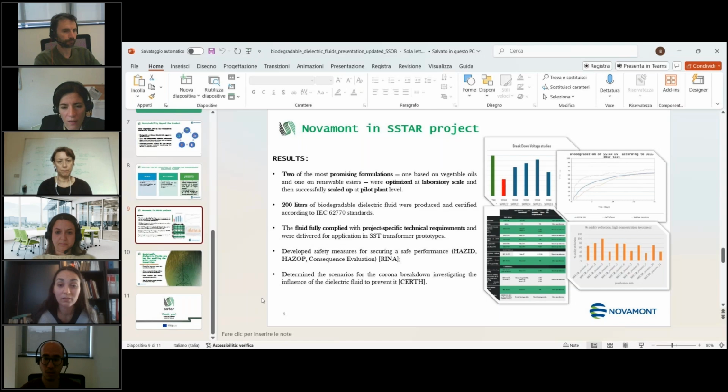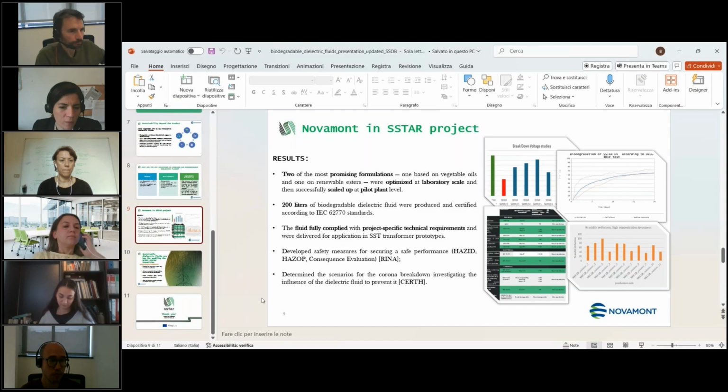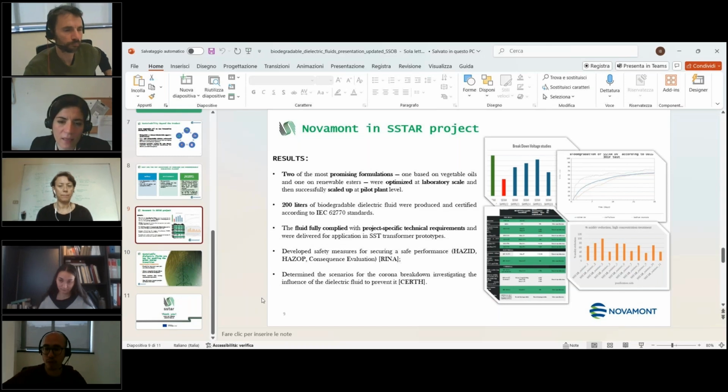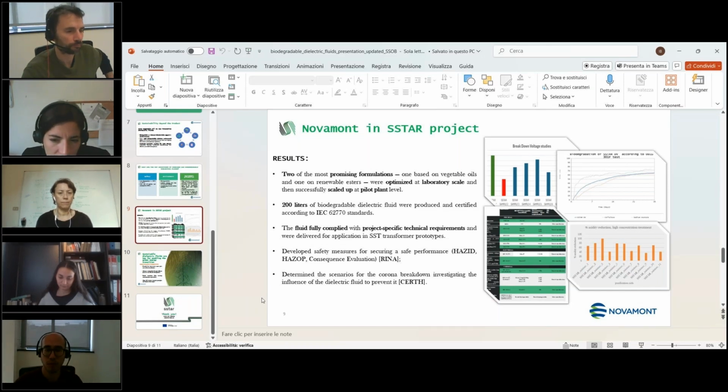And these fluids were supplied to CIRCE. The fluid complied with all the project-specific technical requirements, such as the compatibility with the materials and being in line with the IEC standards. Next slide, please.